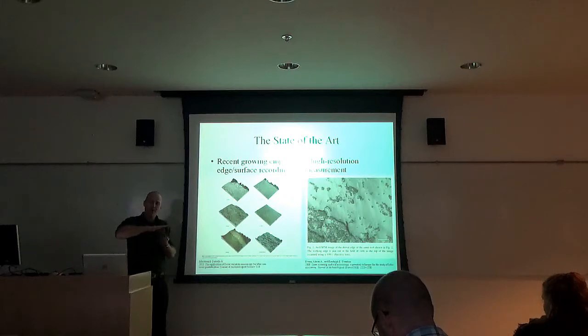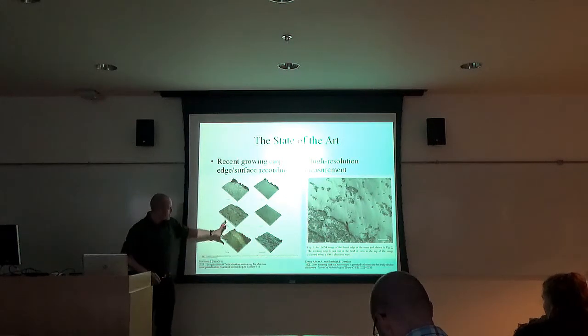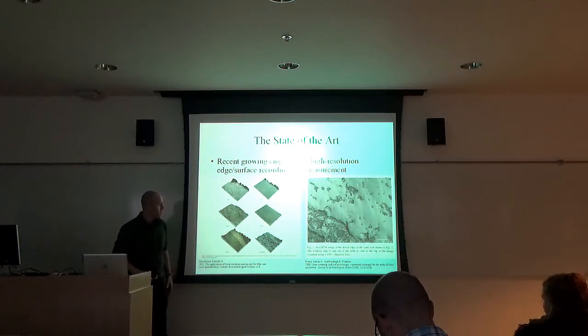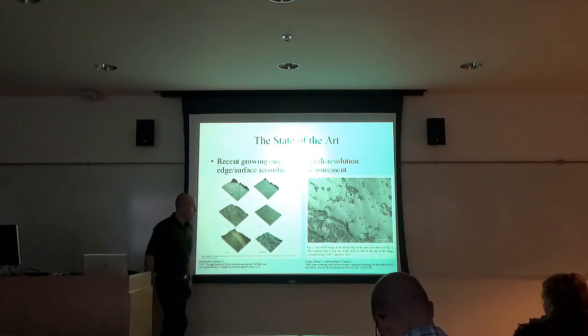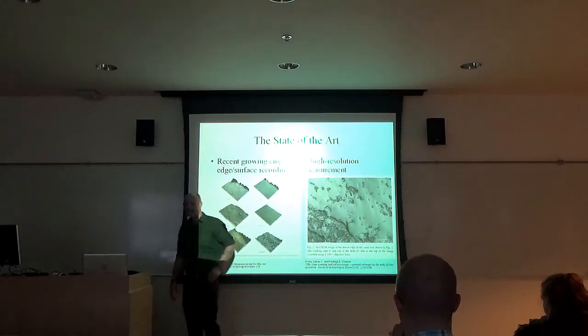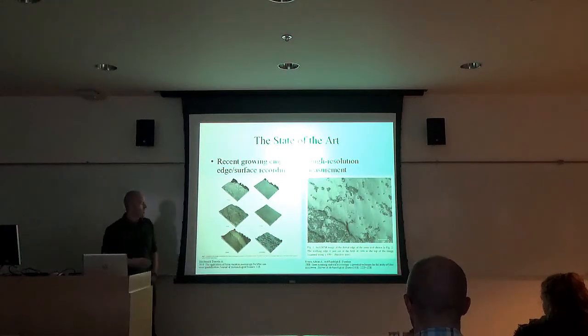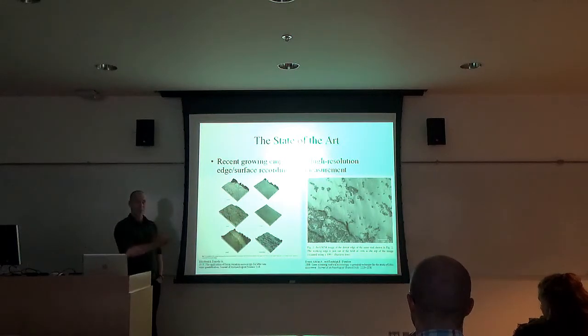And by moving the object through that focal field, you get this lovely 3D surface. A similar approach is laser scanning confocal microscopy. And there it's basically microscope laser scanners creating 3D surfaces.